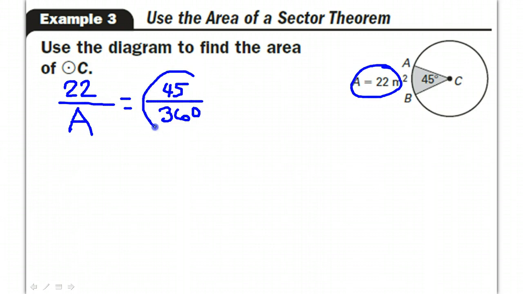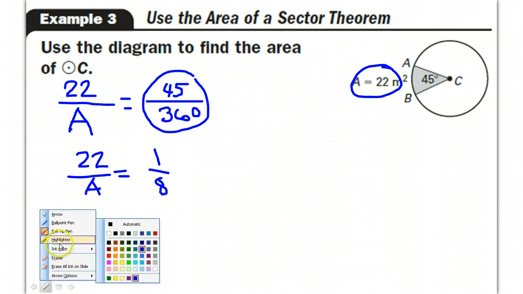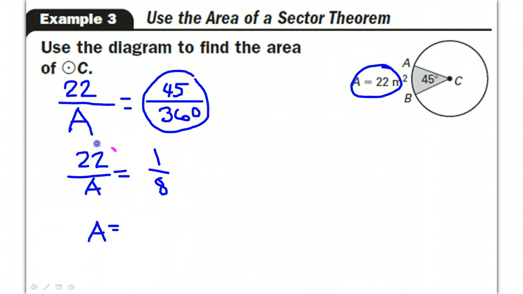What does this fraction reduce to, people? 1 over 8. So then I'm going to have 22 over A equals 1 over 8. If I cross multiply it, that's going to give me A equals, and I should be doing 22 times 8. 176.